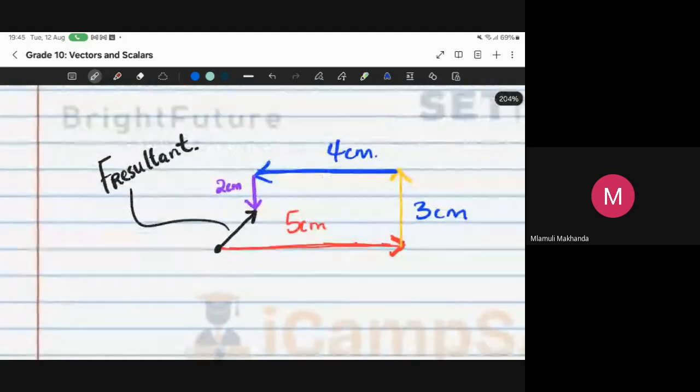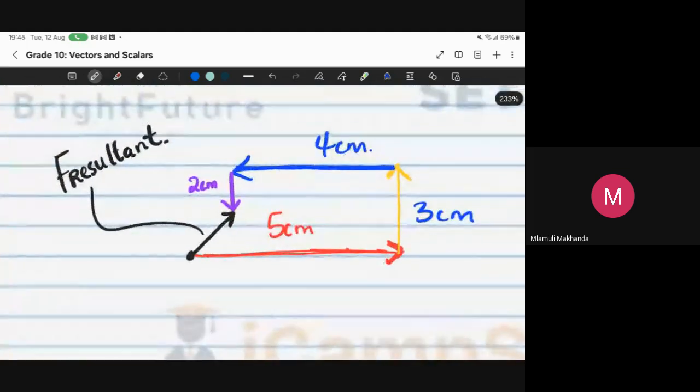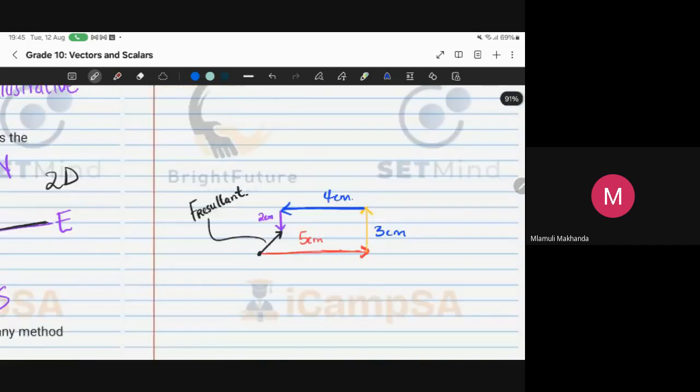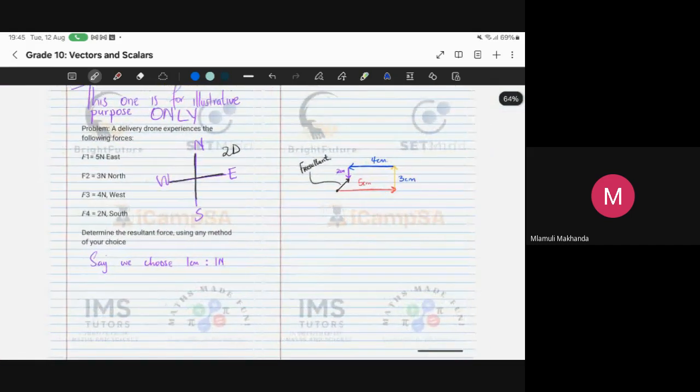So this is the point I wanted to illustrate. It is perfectly fine here to draw it like this because this is a 2D problem. But on the previous one that we had, you couldn't draw a resultant like this because it was a 1D problem. So that's the difference. That brings us to an end of today's lesson.